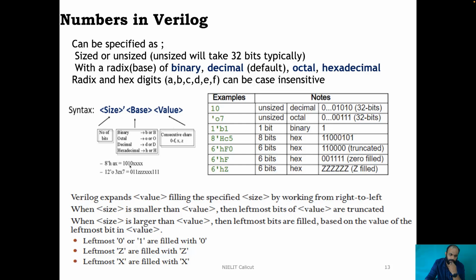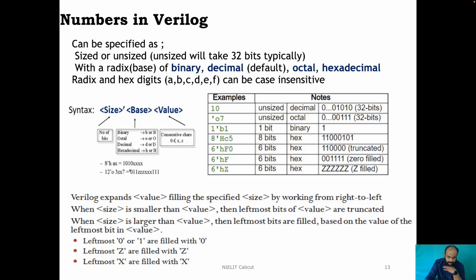So the initial 4 bits are earmarked for A, which is 1010 in binary.